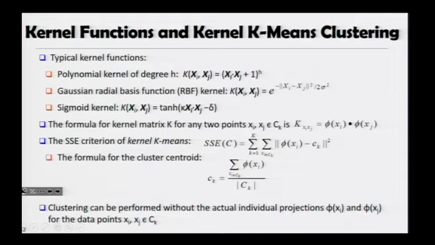That means you just need to pre-compute the K matrix for all the K(xi, xj), and then you are done. You can just resort to K itself for the rest. And I'm asking why this can work. So think about it: can we further rewrite the SSE criterion the other way, and re-represent it with the kernel similarity values?